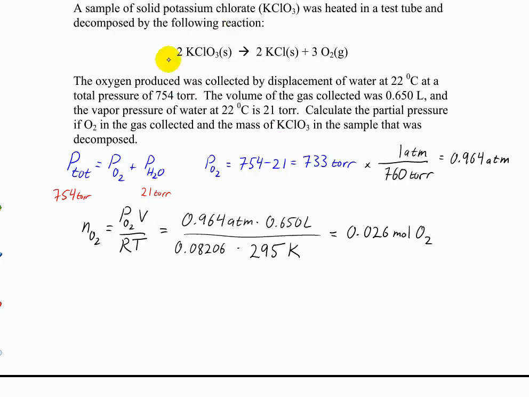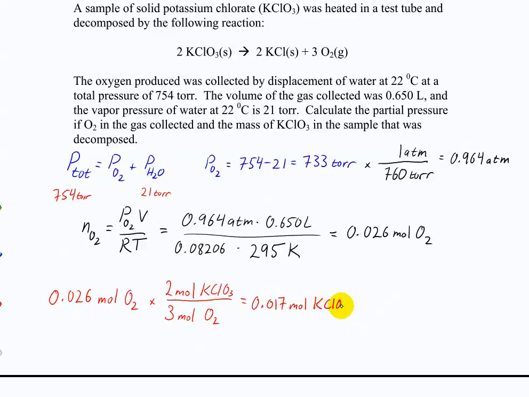Yeah, mole ratio. We have to find the moles of this from the moles of this. So let's do that. We've got 0.026 moles of oxygen, and our mole ratio is 2 moles of potassium chlorate per 3 moles of oxygen. And that gives us 0.017 moles potassium chlorate.